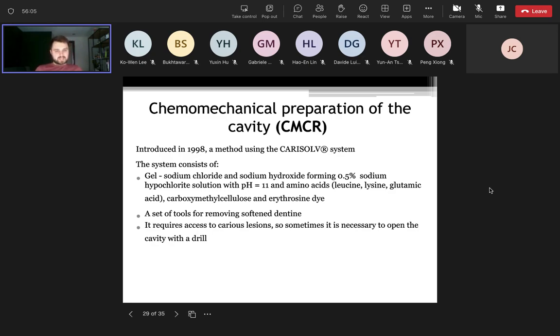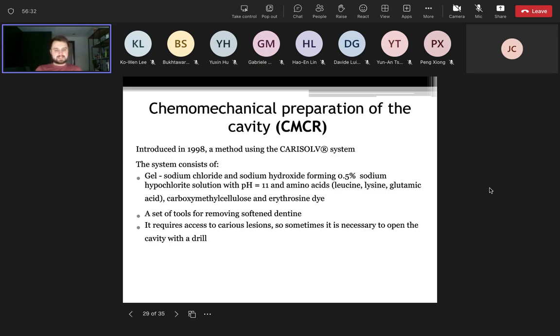Chemomechanical preparation of the cavities. In this case, we are talking about the Carisolv system. This is a gel which is sodium chloride and sodium hydroxide forming 0.5% sodium hypochlorite solution with pH like 11.